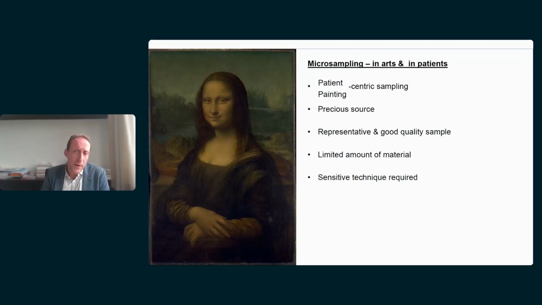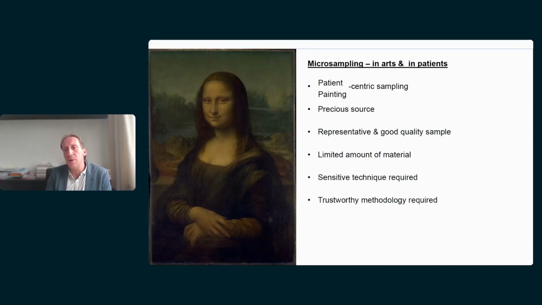Think about these sub-picogram amounts of material which I was just referring to. In a sense, these advancements in analytical techniques have really made it possible to move the field forward from the conventional newborn screening field, where high analyte concentrations were present, to newer fields. Think about therapeutic drug monitoring and biomarker monitoring, where much lower analyte concentrations are present.